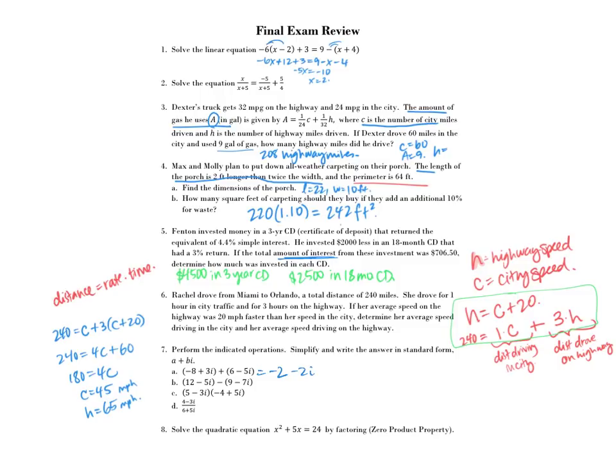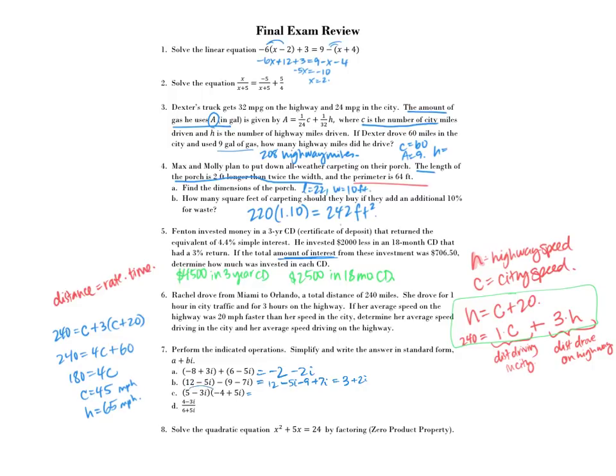Next, I want to subtract. So let's go ahead and distribute that negative sign first. So I'll have 12 minus 5i minus 9 plus 7i. So that's going to be 12 minus 9 is 3, and then negative 5i plus 7i is plus 2i.